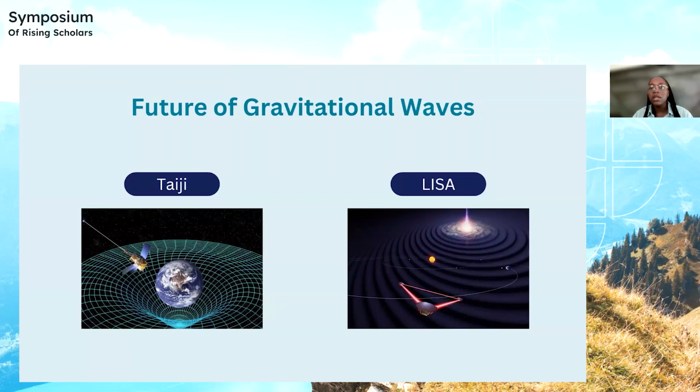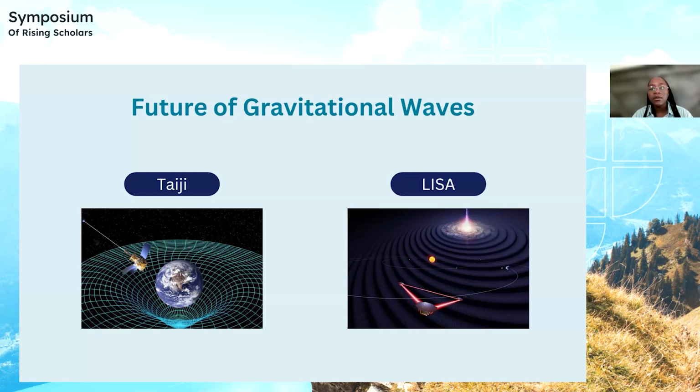And as I said before, waves carry information and energy without transferring matter. So scientists will be able to use this observatory to learn more about the source that emitted the waves.